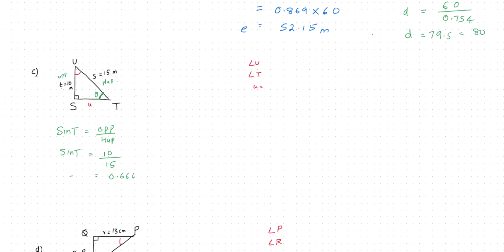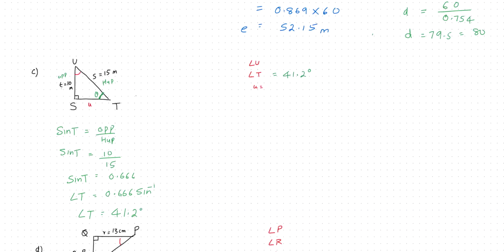We isolate angle T equals sine inverse of 0.666. You press second function and then sine inverse and then 0.666. So you will get 41.2. So the angle T is 41.2 degrees.